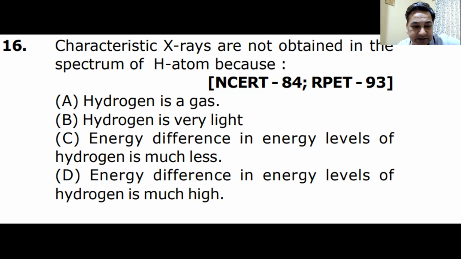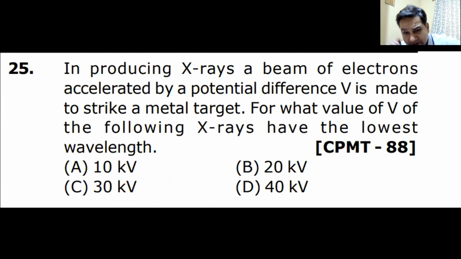See, this is CPMT. CPMT is your NEET, way back. In producing X-rays, a beam of electrons accelerated by potential difference V is made to strike a metal target. For what value of V will the X-rays have the lowest wavelength? See, simple question, straightforward question. Can you give me the answer? Yes, sir.